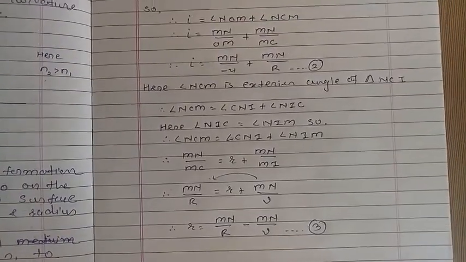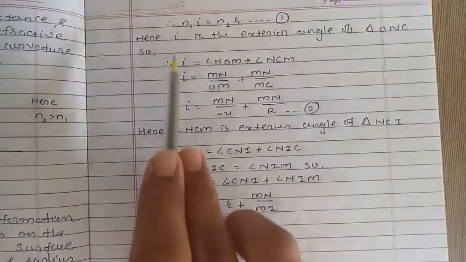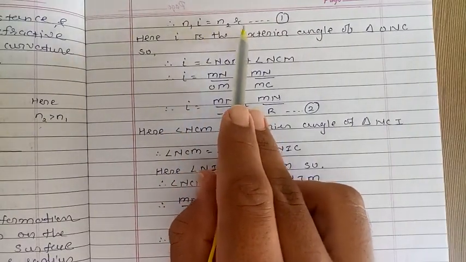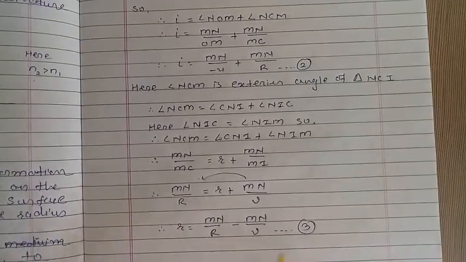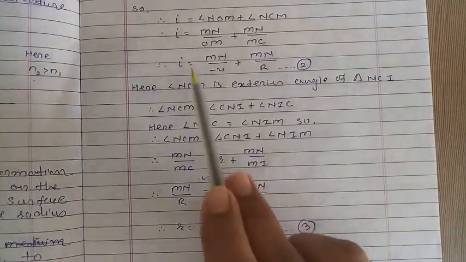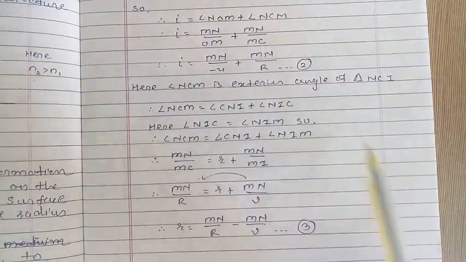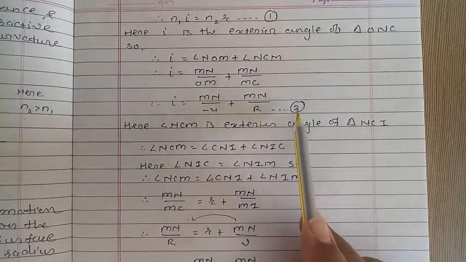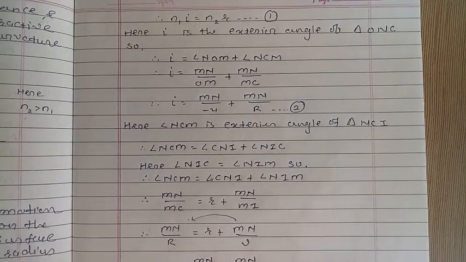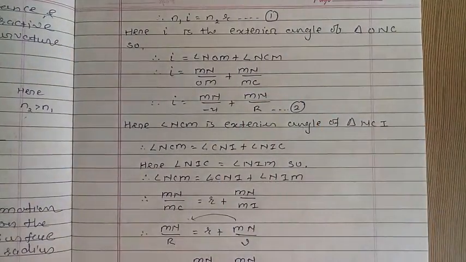Now see here equation number 1, N1 I is equal to N2 R. We already know the value of I and the value of R. So we put the values from equation number 2 and equation number 3 into equation number 1.